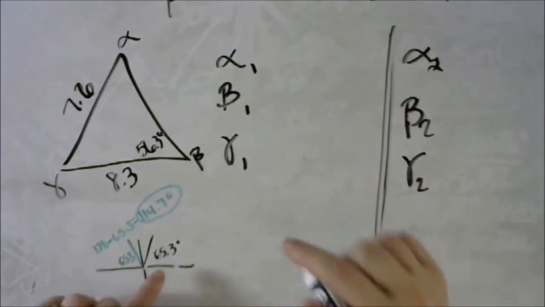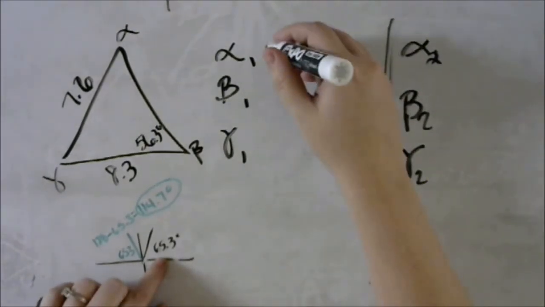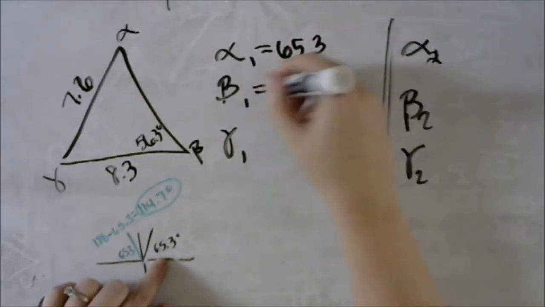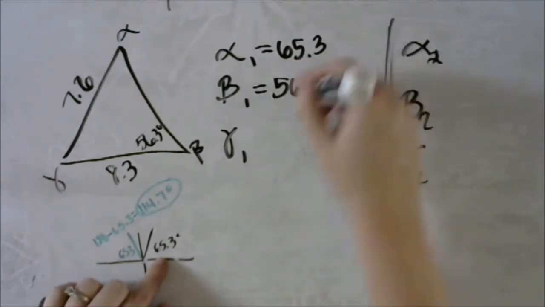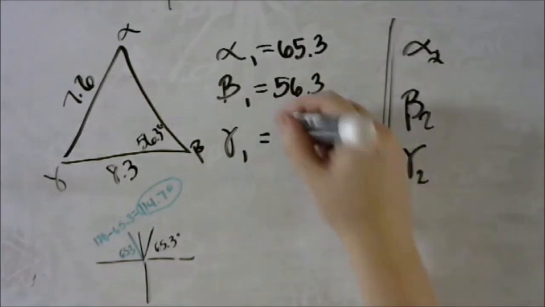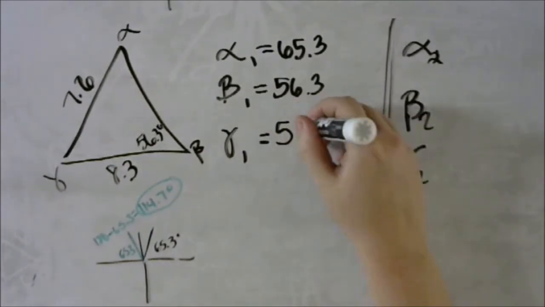And in my first solution, I know that alpha is 65.3 and that beta is 56.3. And so the missing angle gamma would be 180 minus the sum of those two angles, which is 58.4 degrees.